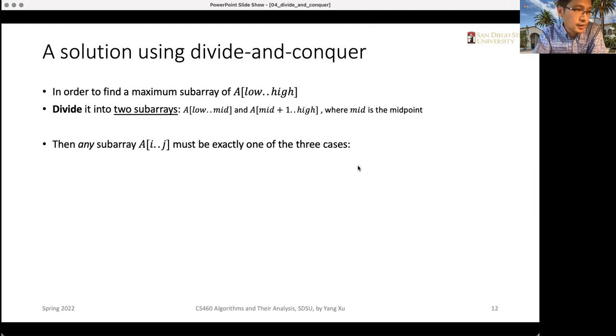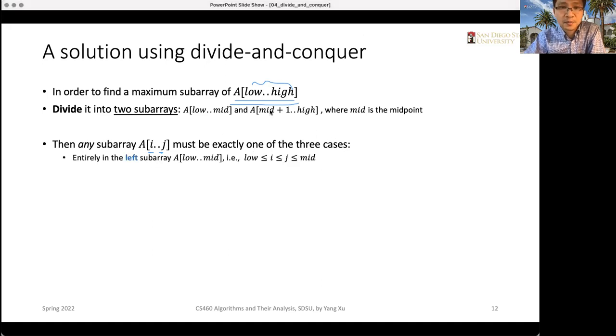So the next claim is important. When we consider any sub-array from index I to index J of the original array from low to high, I and J must be within the range of low and high. For any sub-array I and J, it must be exactly one of three cases.